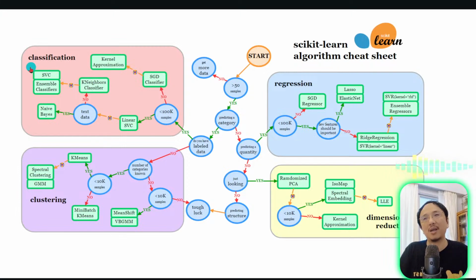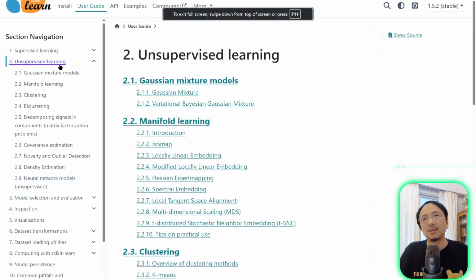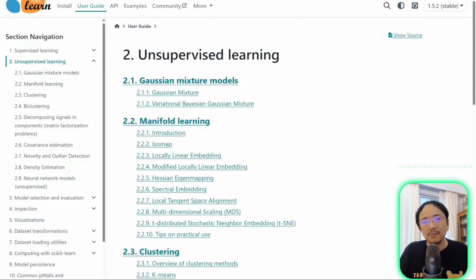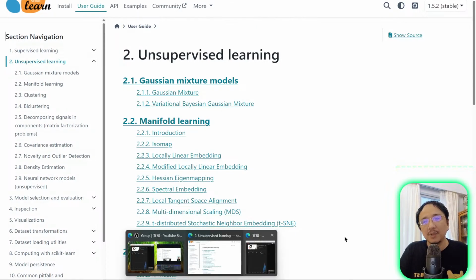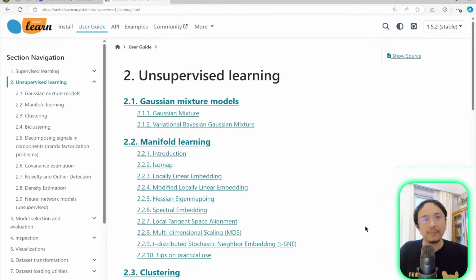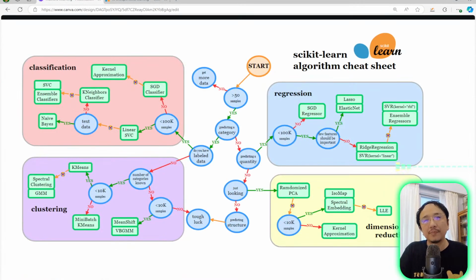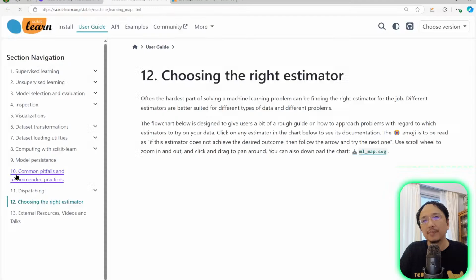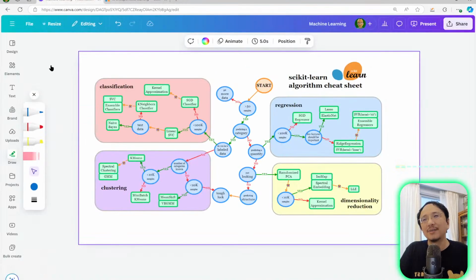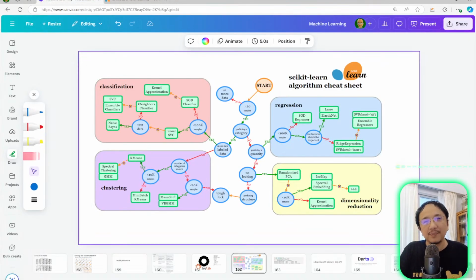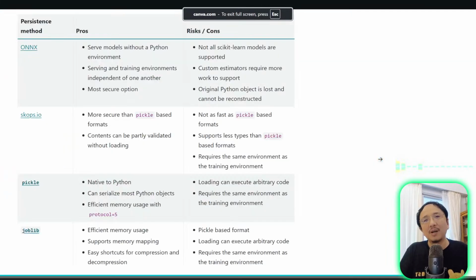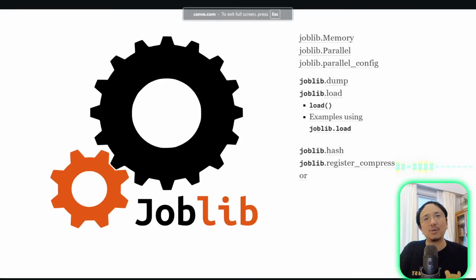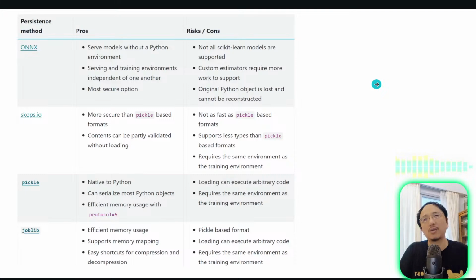So that's why I use it. Okay, I won't go into detail, but joblib Parallel is quite useful.